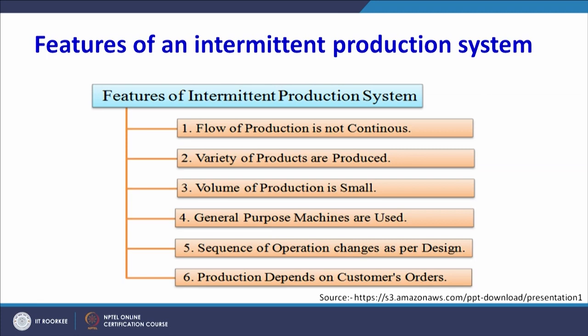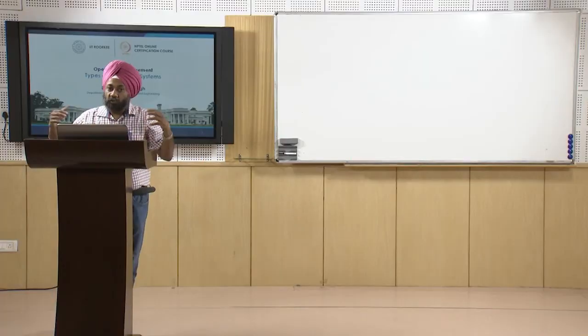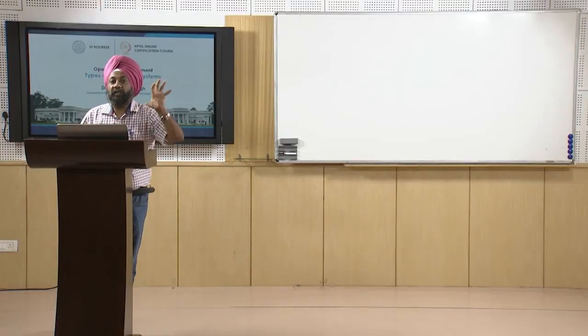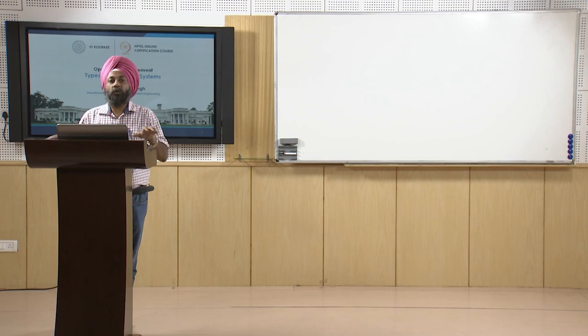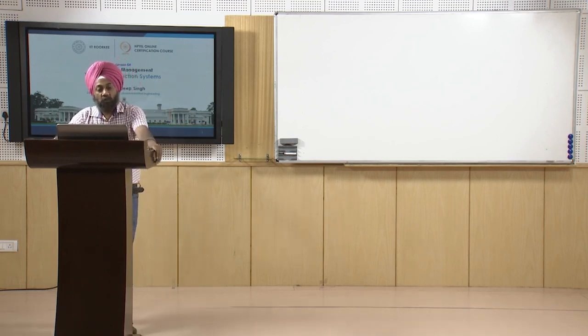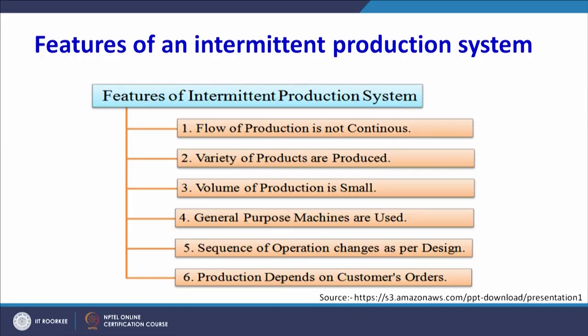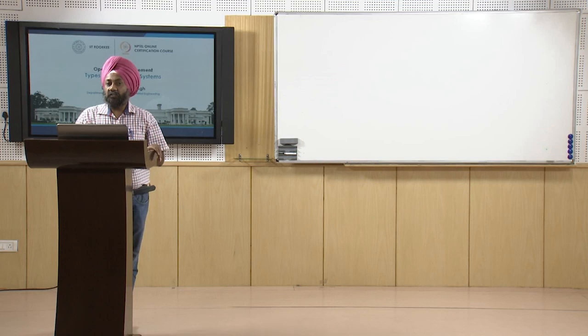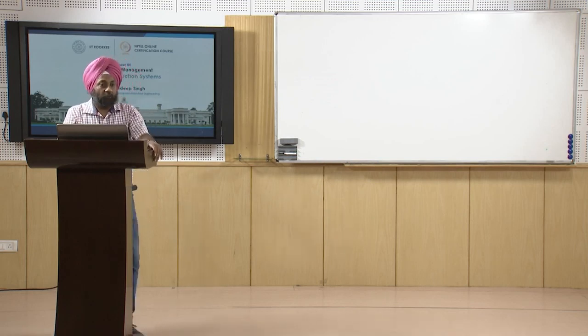General purpose machines are used because the designs are changing continuously, so we cannot have specific dedicated machines. So we need to have very versatile and general purpose machines. Sequence of operation changes as per design and production depends upon the customer's orders. So we can see that it is a flexible type of system, that is the intermittent type of production system.